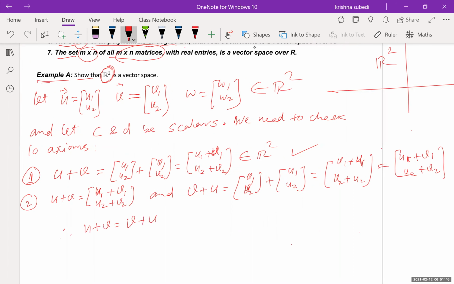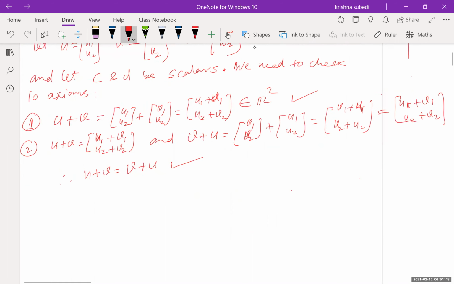So condition 2 checks. In the same manner, we have to prove all those 10 conditions. Okay, guys, I think you can continue this by yourself. So try to complete all those 10 conditions, all right?